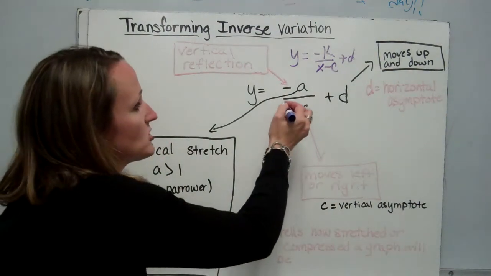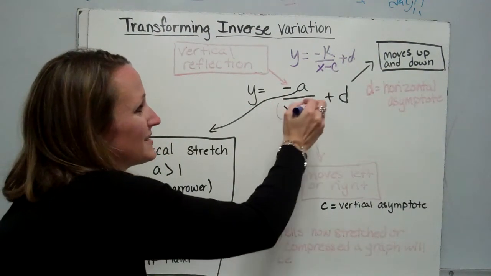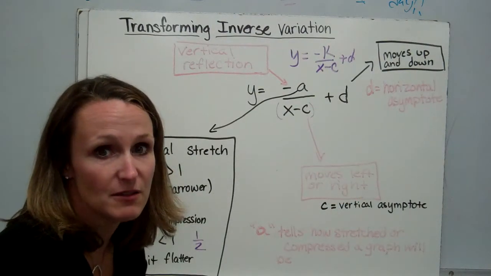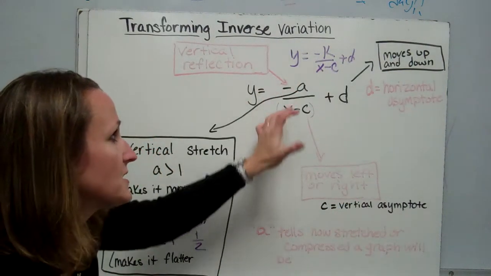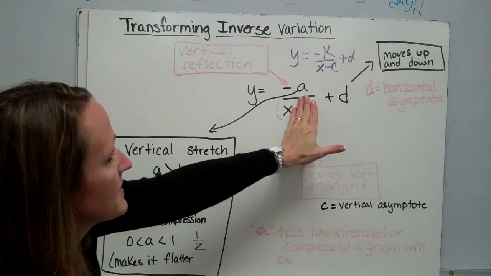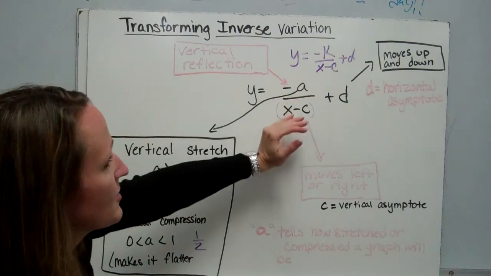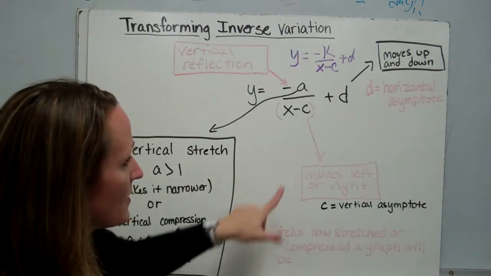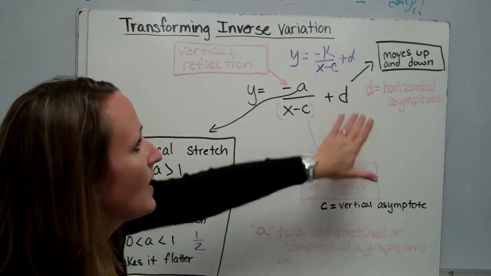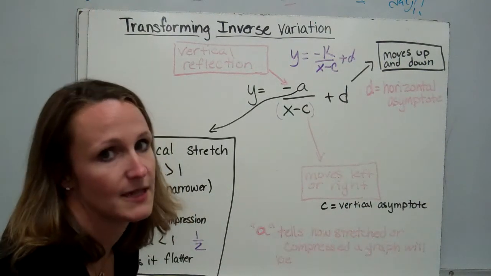The c is just like it's been in equations where if it were inside of parentheses, and the d is like it has been if it's outside of parentheses. It's just in a slightly different format now. This a over x, instead of putting it in parentheses, it's on the bottom. Also, the c represents our vertical asymptote, and the d represents your horizontal asymptote.